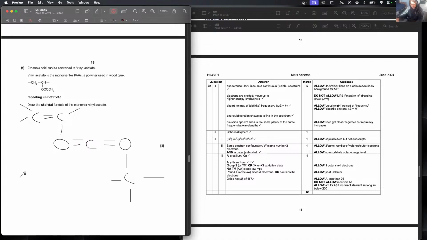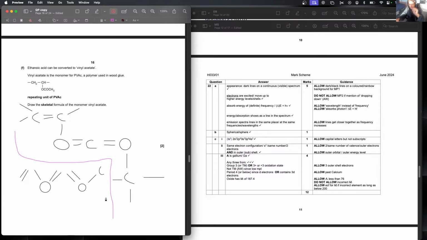Okay, so this is what I got. Wait, no. Carbon double bonded to a carbon, which is bonded to an O, which is double bonded to a C, which is double bonded to an O, which is bonded to a C. And we're going to put like a little border thing there.